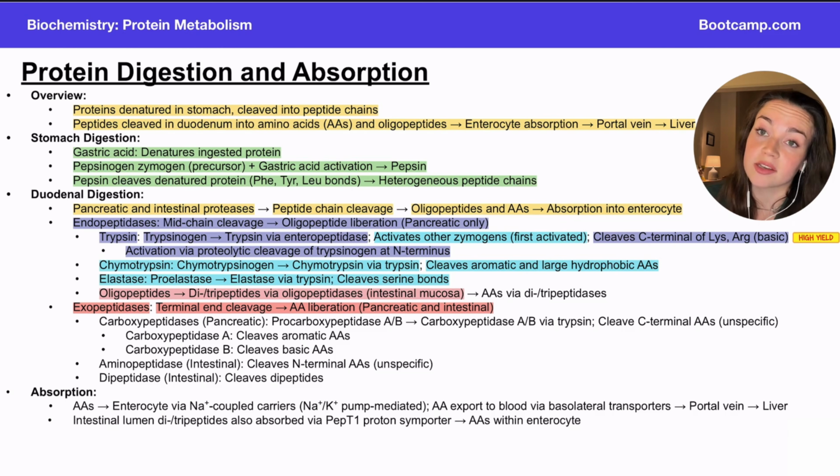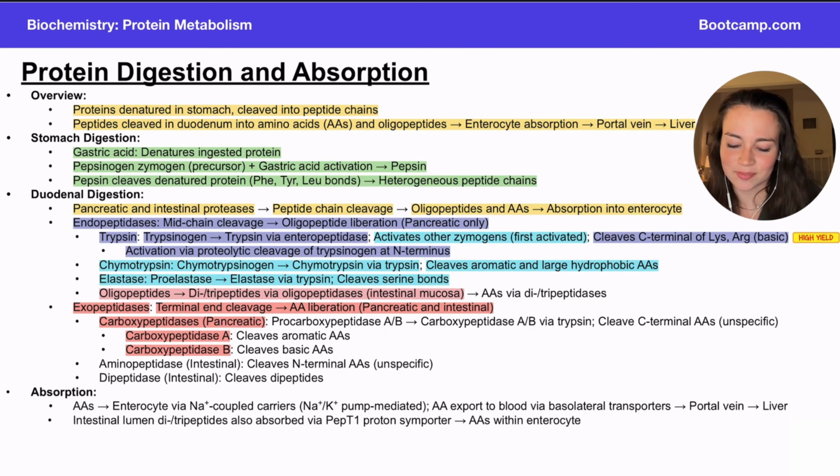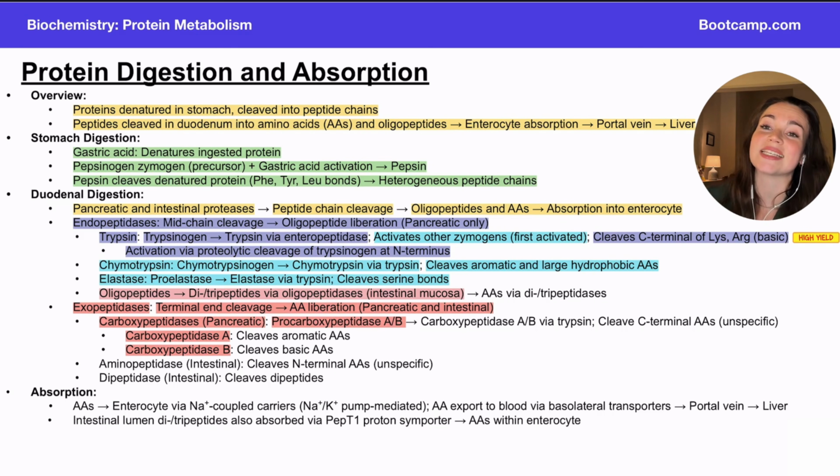We've been talking about exopeptidases, which cleave from the terminal ends of peptides. We had carboxypeptidases, which were pancreatic, and there's carboxypeptidase A and carboxypeptidase B, which I'll tell you about in a second. But we had our procarboxypeptidases, those carboxypeptidase zymogens, the inactive ones, that were activated into carboxypeptidases via trypsin.